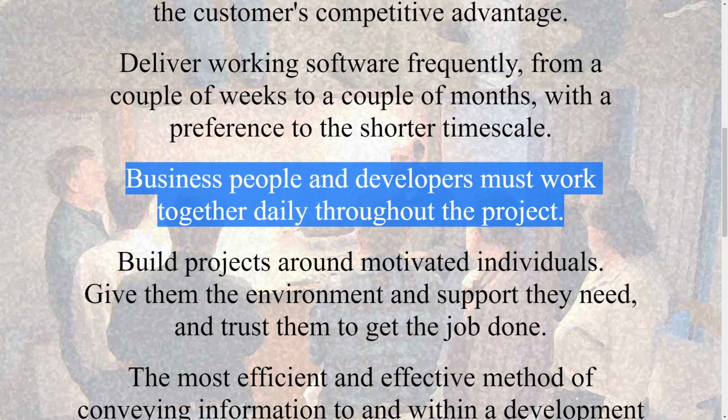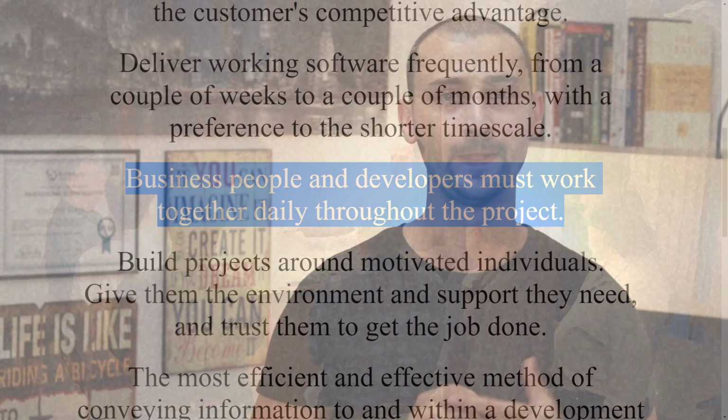Let me remind you of one of the 12 principles that stand behind the Agile Manifesto: business people and developers must work together daily throughout the project. Now, the product owner, yes, we talk about internally here, is a business-oriented person. Okay, the development team consists of 3 to 9 developers, so communication is key here.